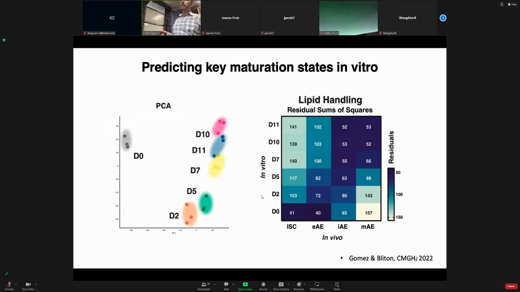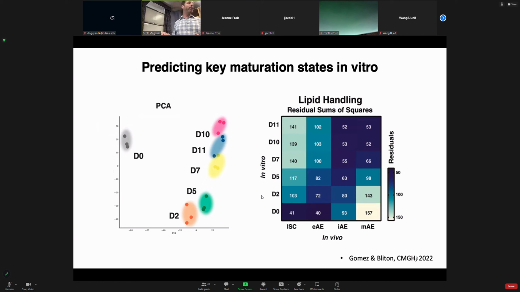Then for each of the days, day 2, 5, 7, and 11, there is a much smaller difference on principal component 1, but more on principal component 2. And that suggests that there are now more subtle changes happening after each one of these days, because the cells have now gone to an absorptive enterocyte fate, but they're now, we think, maturing.